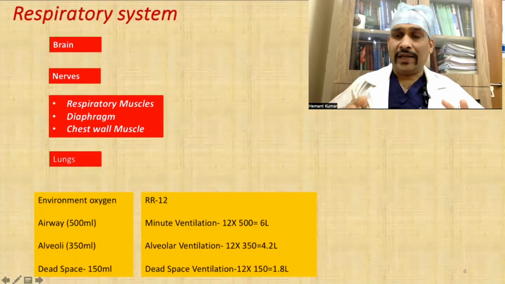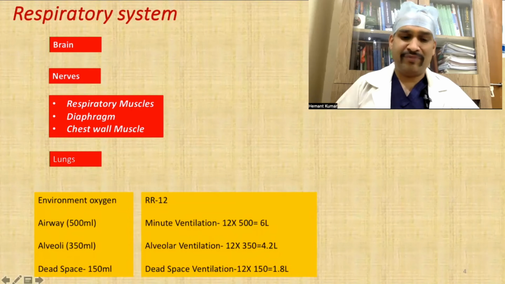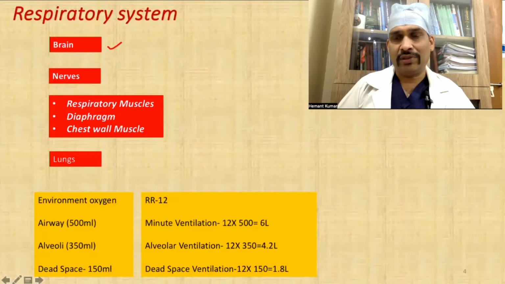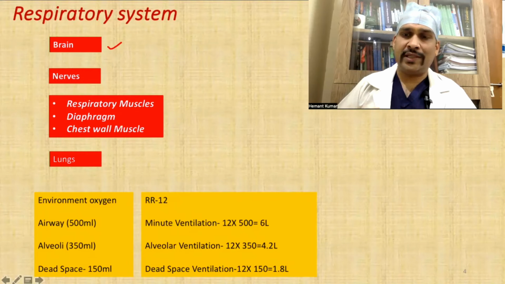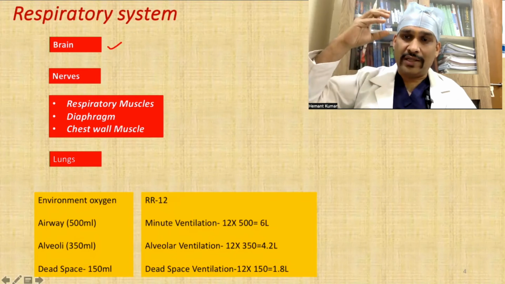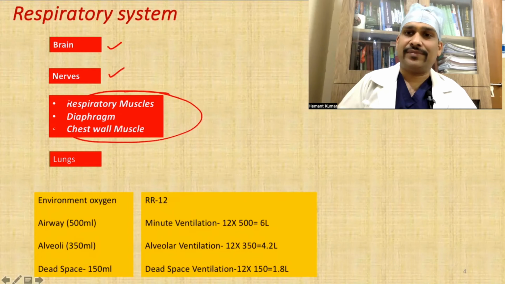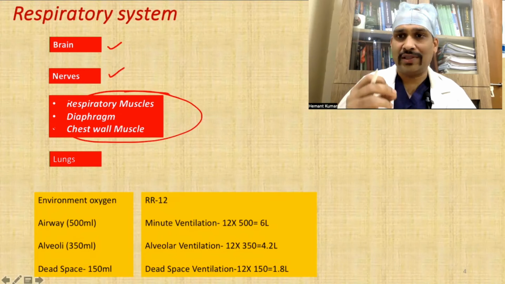The respiratory system has many components, but the main one is the brain, the central part. The respiratory centers are situated in the medulla and pons. From the medulla, signals go by the nerves to the respiratory muscles.